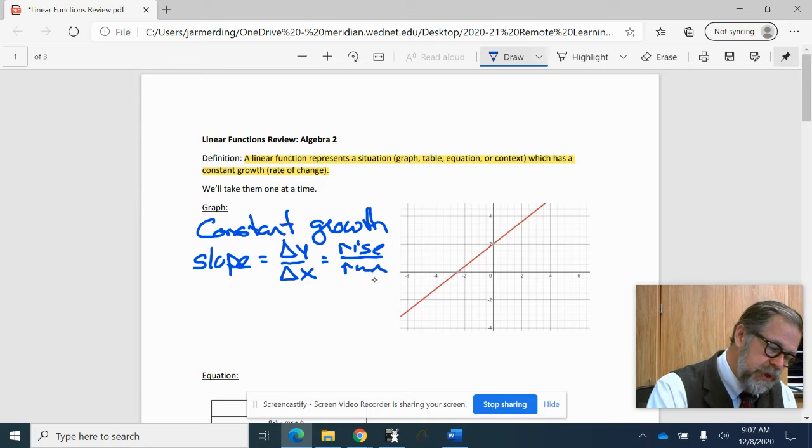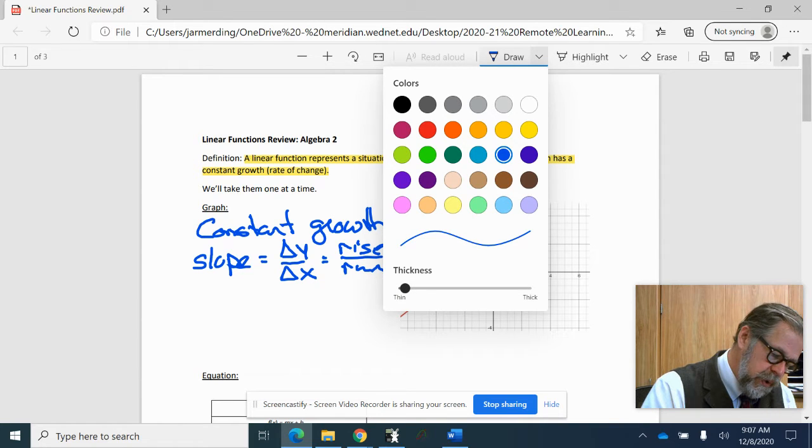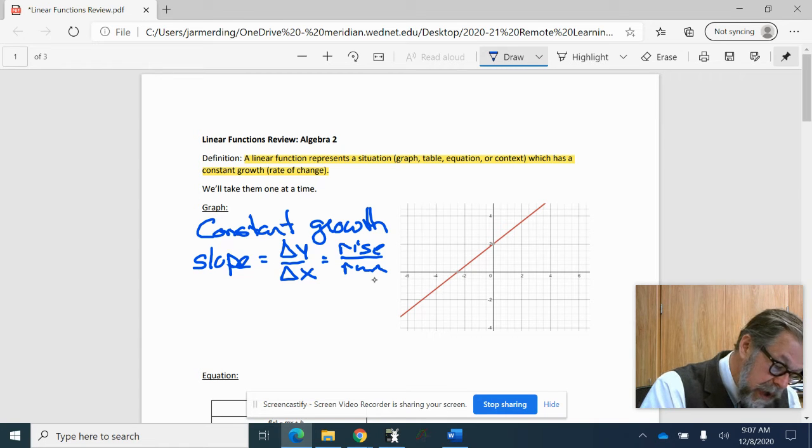And the strategy here is to draw slope triangles. So what I do is I pick a couple grid points and I draw myself a nice slope triangle, and I check my change in y and my change in x.